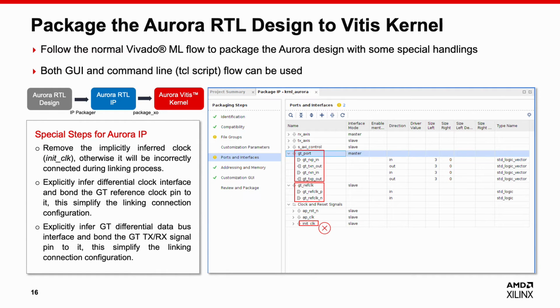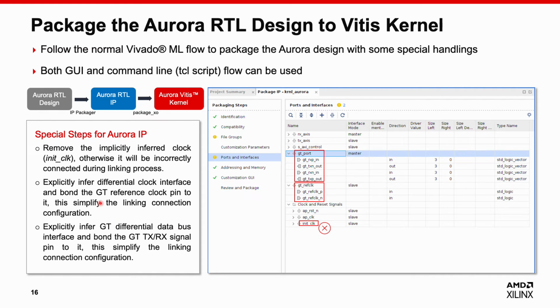After we have finished the Aurora kernel RTL design, we need to package it to the Vivado IP and finally convert it to the Vitis kernel file. The RTL kernel package steps are similar to ordinary RTL kernels, with some additional attention to the Aurora IP relevant signals. First, we remove the auto-inferred initial clock signal here to avoid the incorrect clock signal connection in the later linking step.